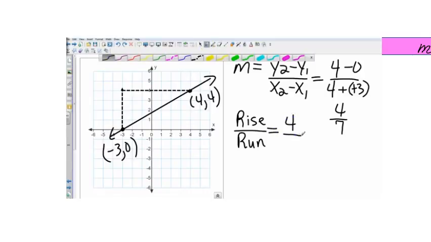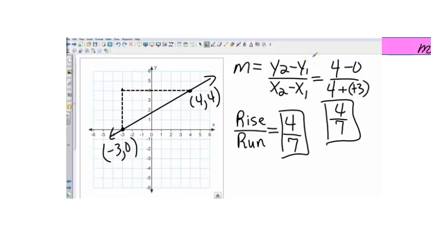And here I ran 7 spaces, which gives me the exact same answer. So you can do it either way. Use the formula or take the rise over run directly off the graph. Okay, so that's a little under 10 minutes. Chapter 3, Section 3, Rate of Change and Slope.